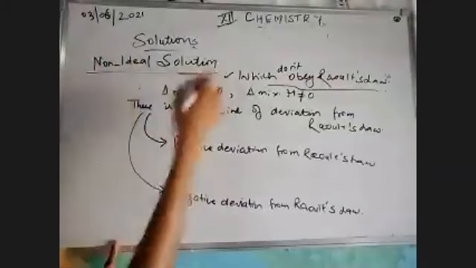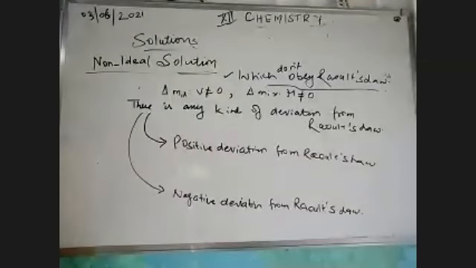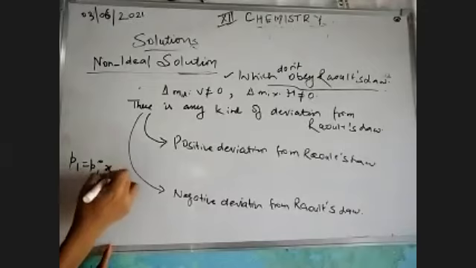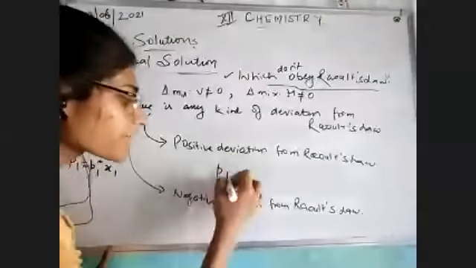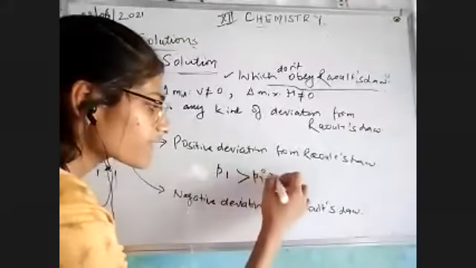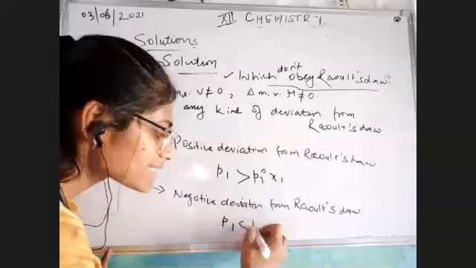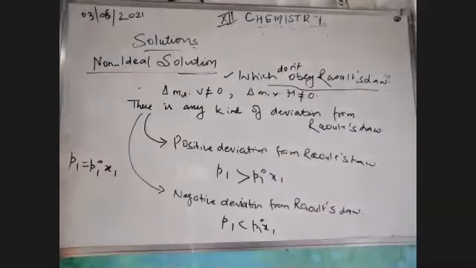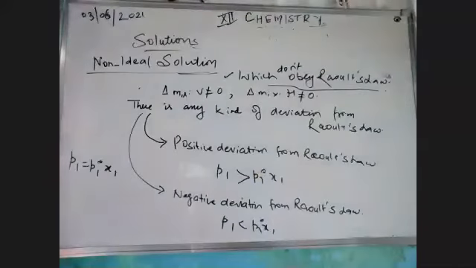If I want to convey it in the form of Raoult's law, the law tells us that P1 equals P1 naught x1. In the positive case, P1 is greater than P1 naught x1, whereas in the negative case, P1 is less than P1 naught x1. In this case, they are showing positive and negative deviation from Raoult's law.